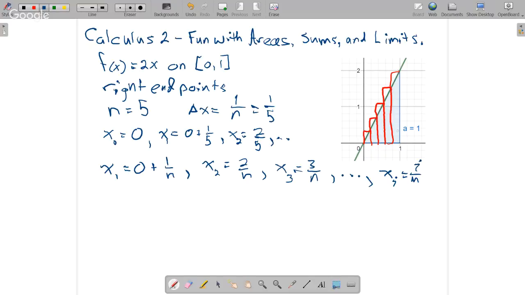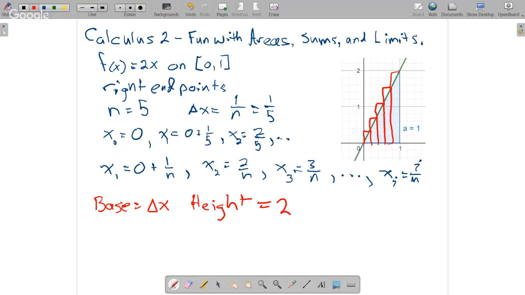So then any particular rectangle is going to have a base and a height. The base of each rectangle in this case is my delta x. And it's going to have a height. The height is determined by the function value, where you plug in whatever you discovered your x pattern is. So in this case, I'm just going to plug in my x value here to my function.